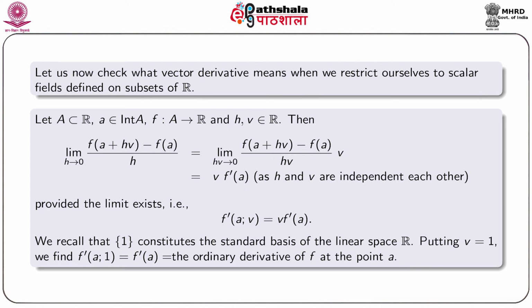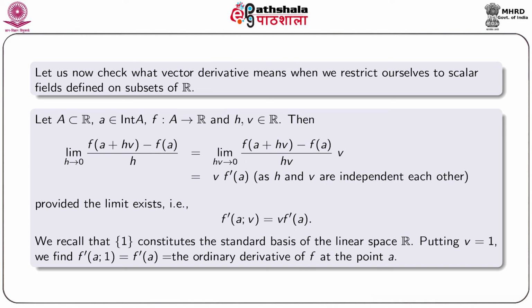This happens to be v times f dash a, since h and v are independent of each other, provided the limit exists. That is, in this case we find f dash a v equals v times f dash a.